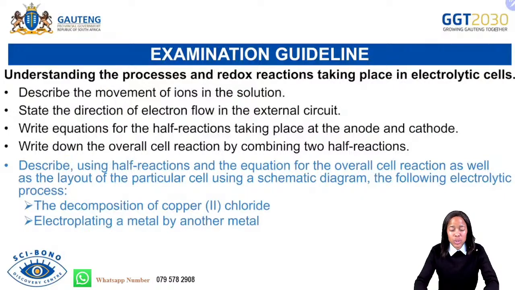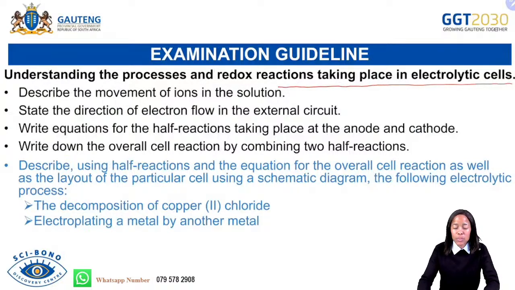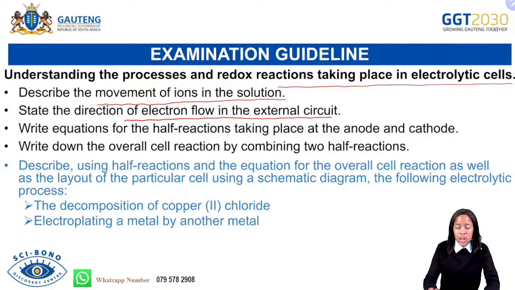Then next, according to the examination guideline, it says understanding the processes and redox reactions that are taking place in the electrolytic cell. So we need to know how to describe the movement of ions in the solution. Then it says state the direction of the electron flow in the external circuit.